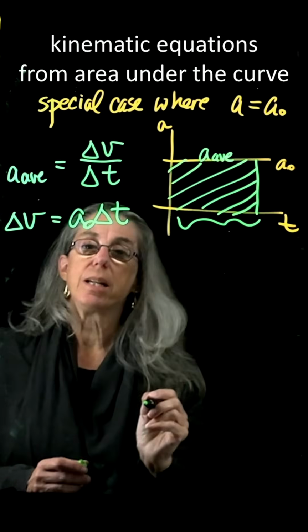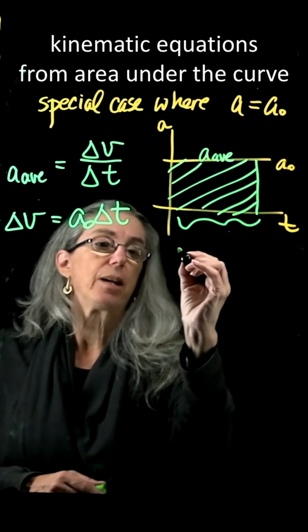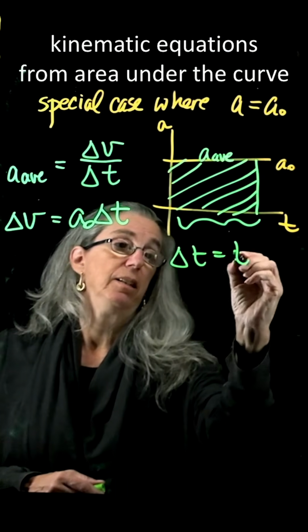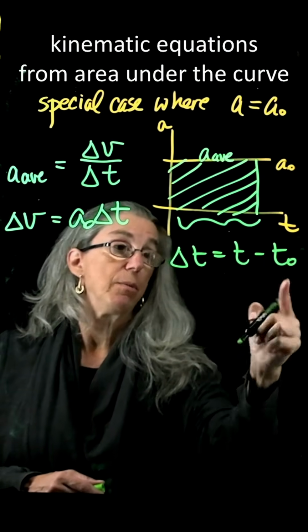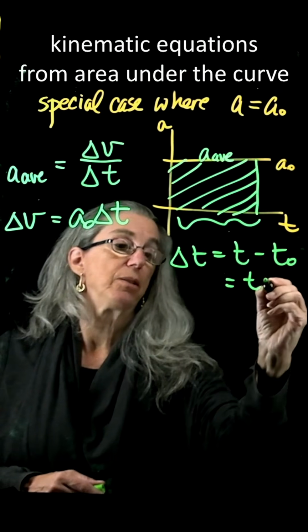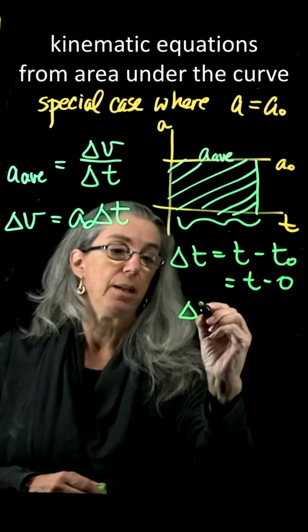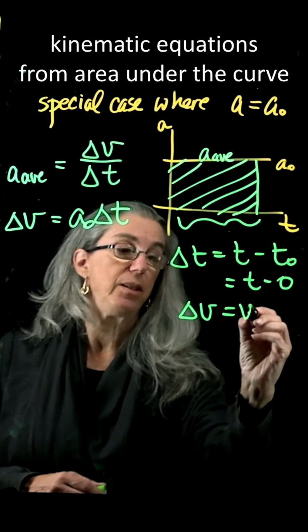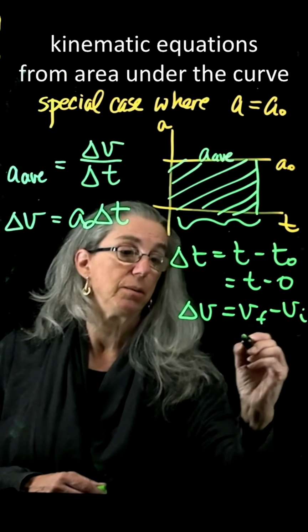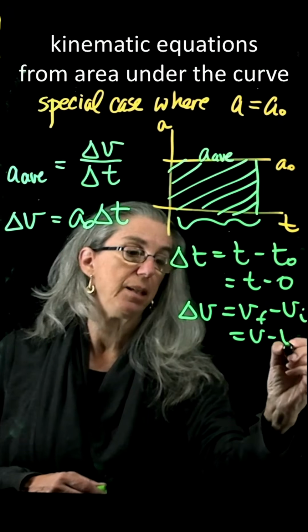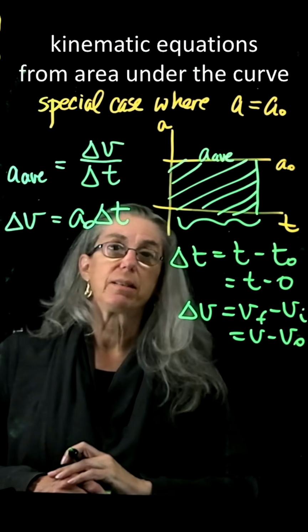It's usually written with my notation where I let t sub 0 mean the time at 0, and in this case we're going to start from time equals 0, so delta t is just going to become t. And delta v, instead of v final minus v initial, we're just going to say v at any time t minus the initial velocity.